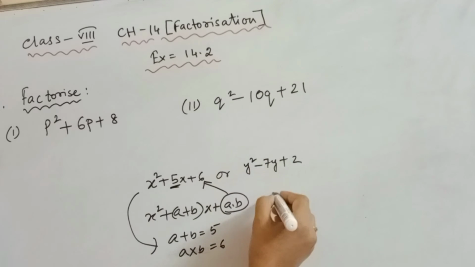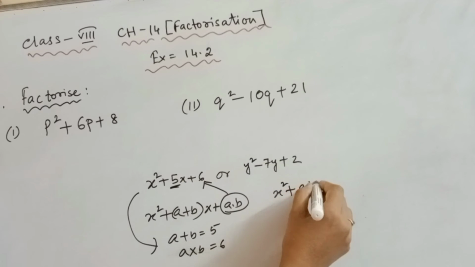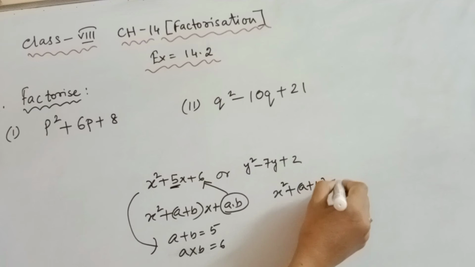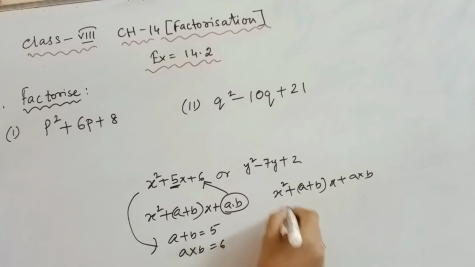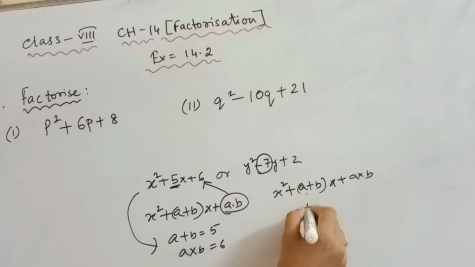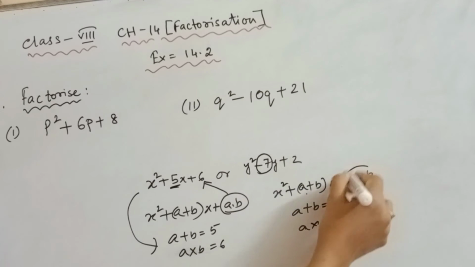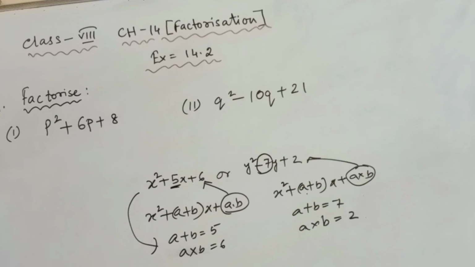For the other sum, x square plus (a plus b) into x plus a into b, a plus b will be minus 7 and a into b will be plus 12.